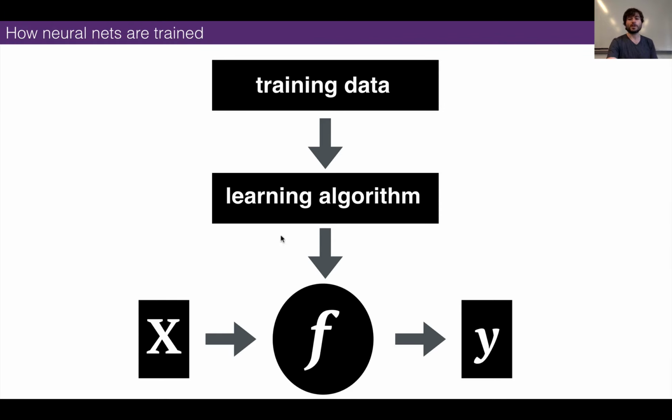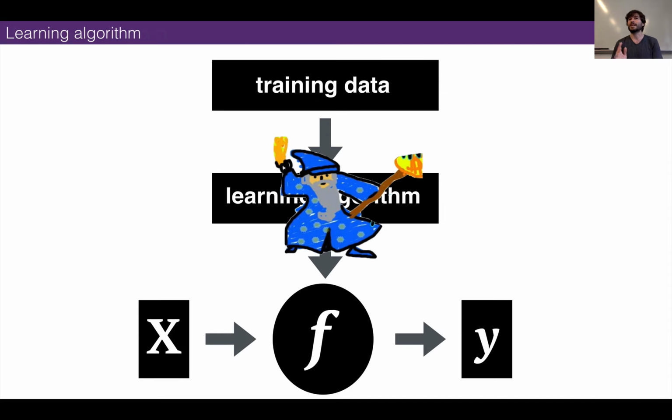But we really glossed over the top part of this, the learning algorithm and the training data, instead preferring to look at it as basically a form of magic, as evidenced by this blue wizard man. That's the way that we normally like to think of this function, right? It's just like magic.